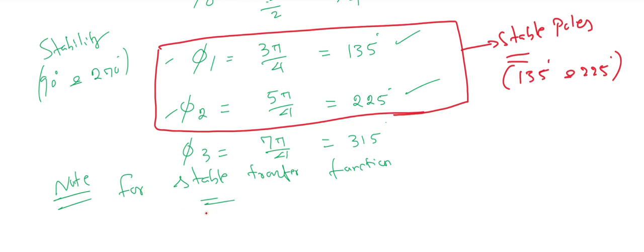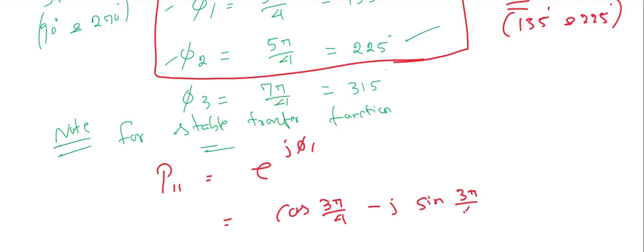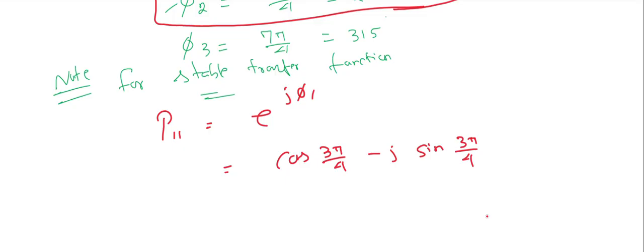Okay, so now P11 can be calculated. That is e power j pi 1, which is equal to cos 3 pi by 4 plus j sin 3 pi by 4, or minus 1 by root 2 plus j 1 by root 2.